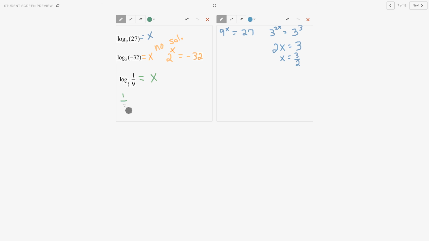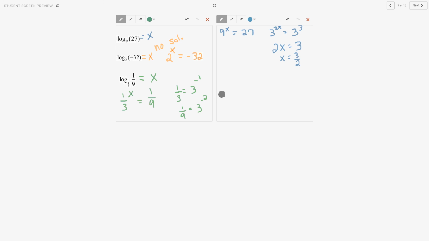One-third to the x equals 1/9. You need to know that 1/3 is 3 to the negative 1. And we've talked about some negative exponents. You're just moving that 3 to the numerator, and when it moves, the sign of the exponent changes. 1/9 is 1 over 3 squared, which would be 3 to the negative 2.